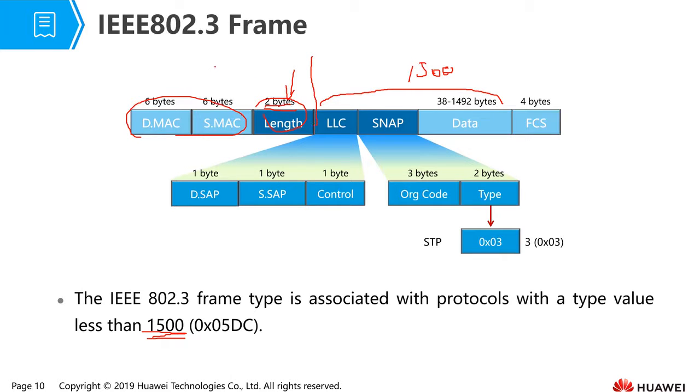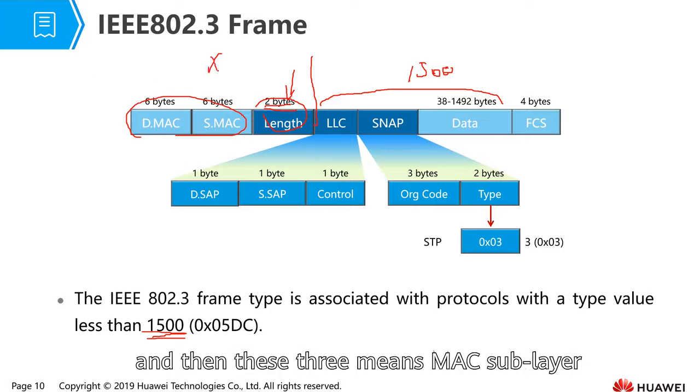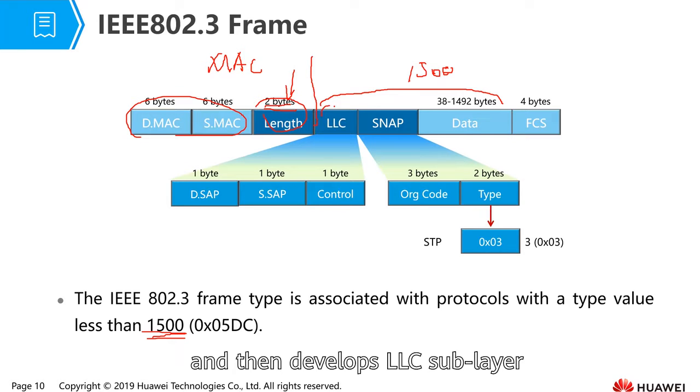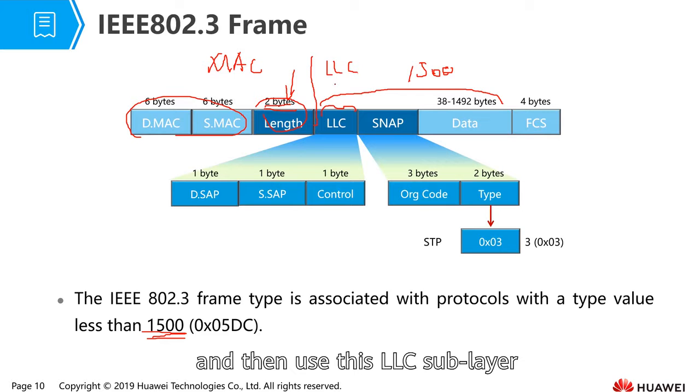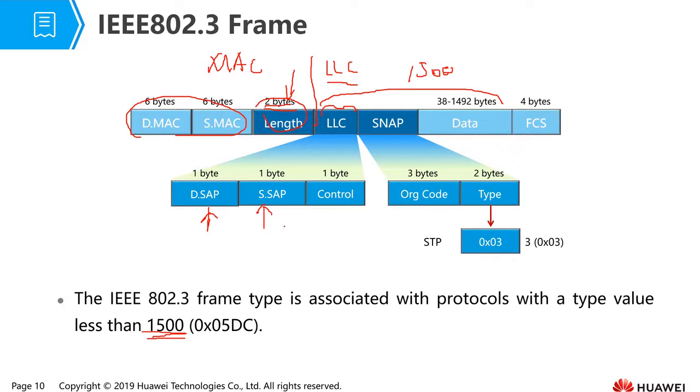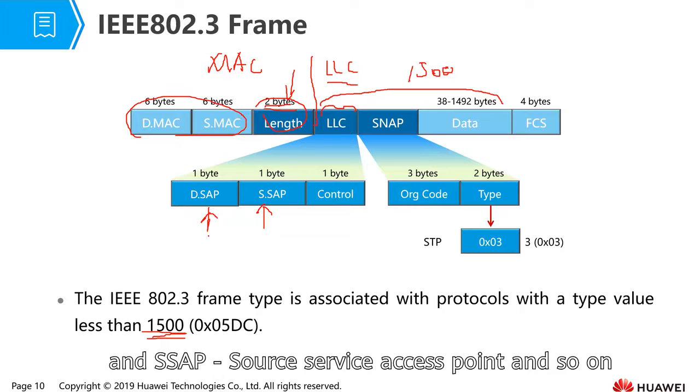This is the layer 2 data link layer, and this 3 means the MAC sublayer, and then developed another LLC sublayer, and uses this LLC sublayer to identify what protocol is used by the upper layer. That's the DSAP, Destination Service Access Point, and Source Service Access Point, and so on.